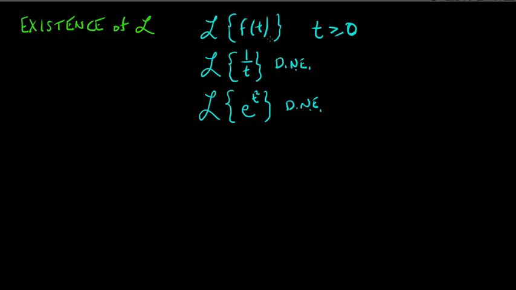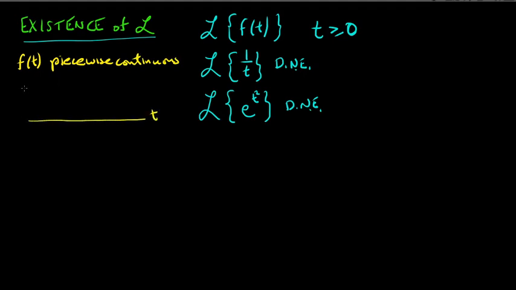So it turns out that the Laplace transform will exist for functions f of t that are piecewise continuous. It's going to be piecewise continuous if it has a finite number of discontinuities. So if this is t here, and remember you're starting at 0, the function looks like this, and then you have a jump here, and then another jump here, and let's say you have a jump here.